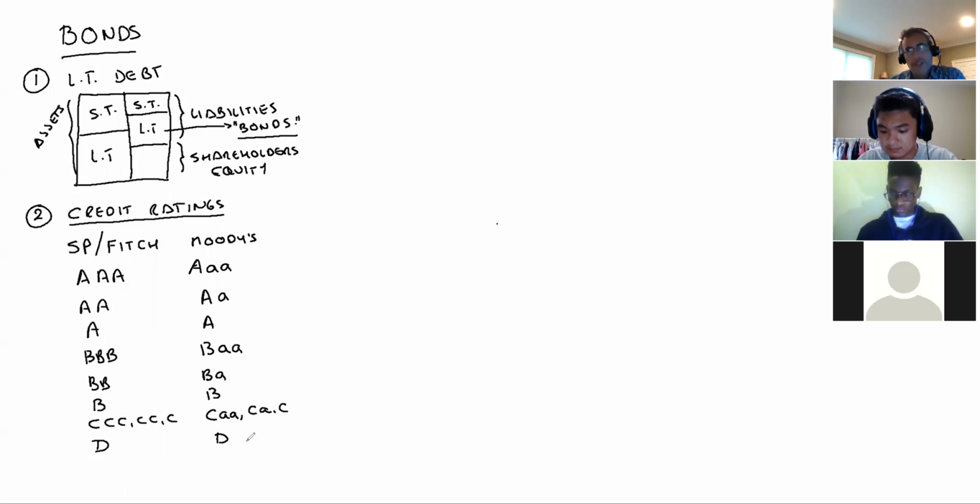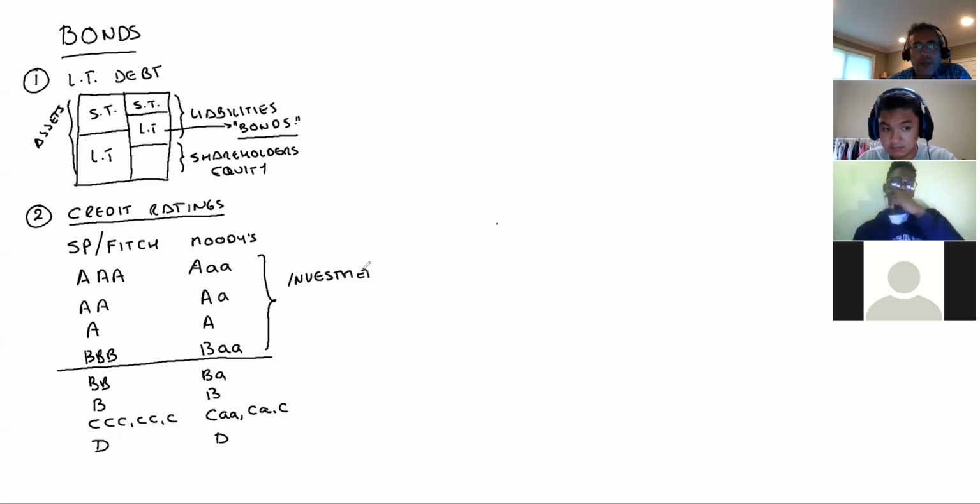Okay. So also, guys, you're always going to hear about investment grade bonds. When you hear about investment grade bonds, these are the investment grade bonds. These ones here are called speculative.